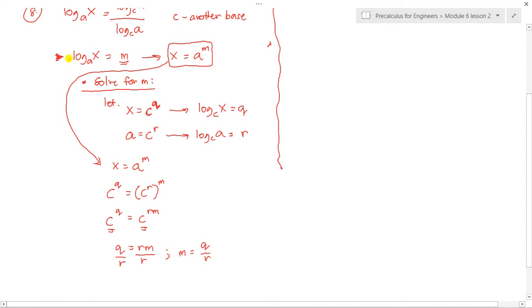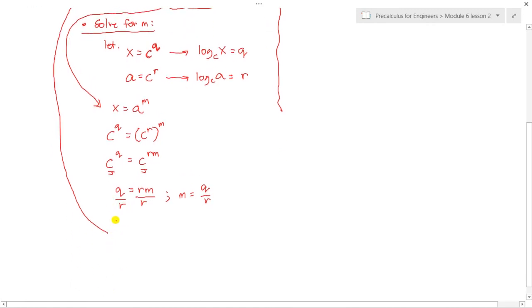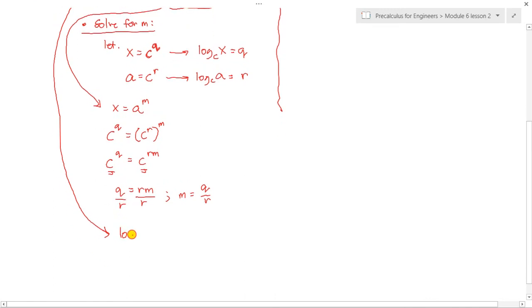So here, going back to the form, we rewrite it in terms of the value of m. That is, log of x to the base a is equal to m, wherein m is equal to q over r. Now we substitute q and r in terms of the logarithmic form.